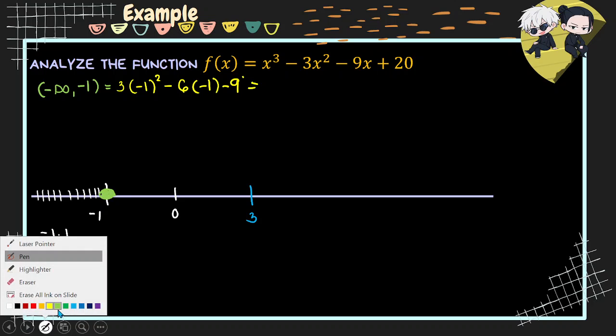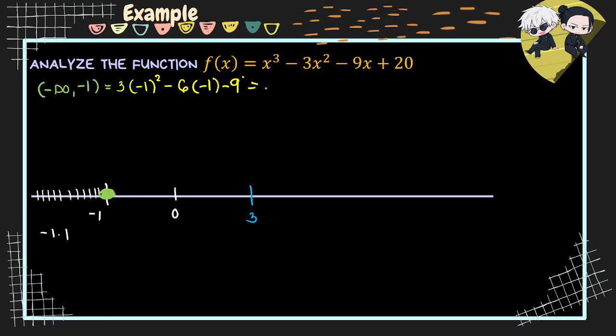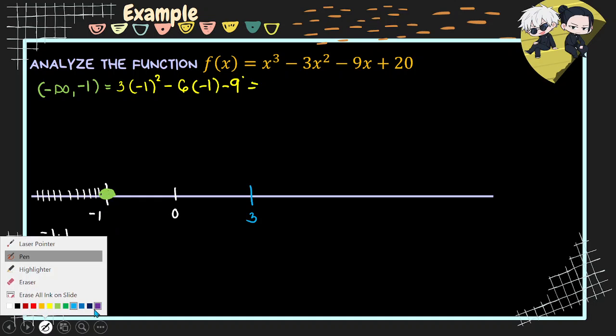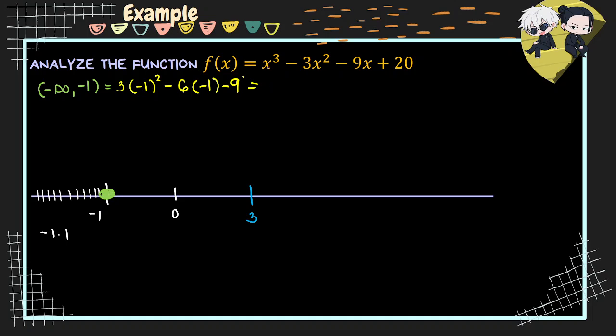What's the resulting answer if you do that? Diba, magkakaroon tayo ng 3 times -1 squared minus 6 times -1 minus 9. Magkakaroon tayo ng 0, diba?